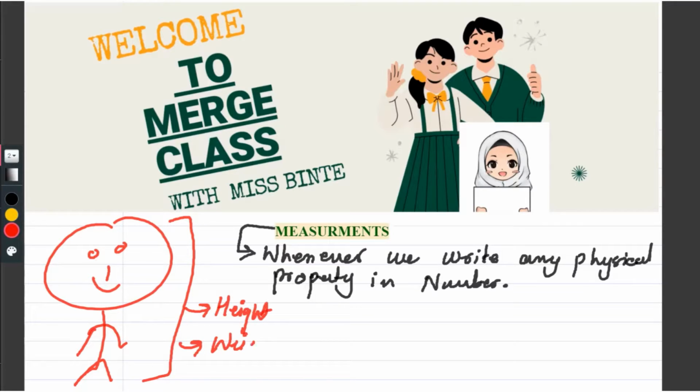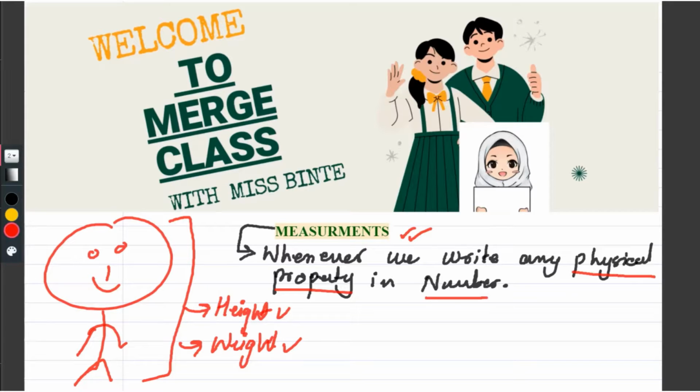The height, weight, length, these are the physical properties. They are properties, but they're physical, because they are related to appearance. So whenever I define height, weight, or any physical property in number, that concept is called measurement. Make sense?